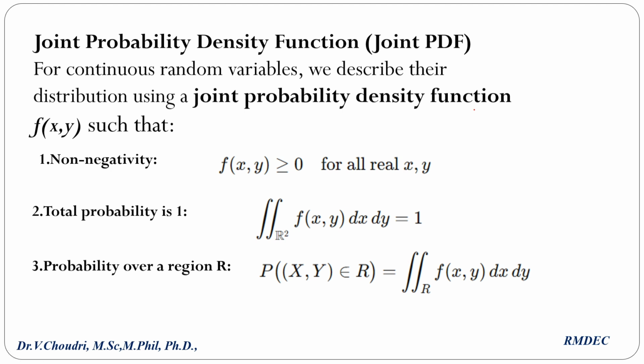In other words, the integral from minus infinity to infinity, of the integral from minus infinity to infinity, of f of x, y dx dy equals 1. Now what is the probability over region R? P of (x, y) belongs to R, because both x and y values are taken from real numbers, is the double integral over R of f of x, y dx dy.